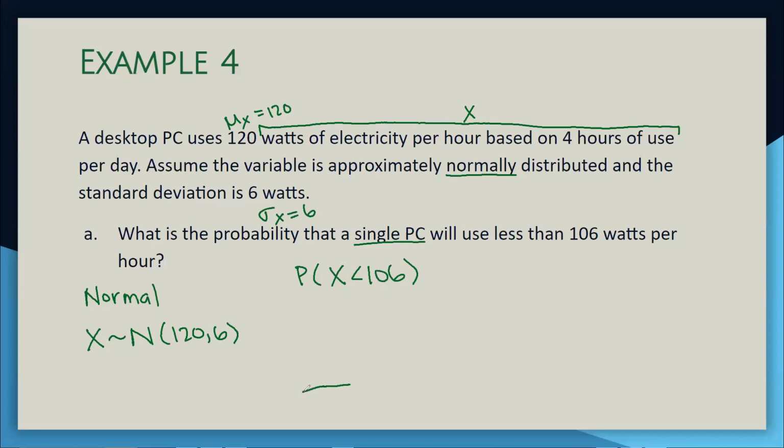So drawing our picture. We know we're looking at x values. We know our mean is at 120, and we know we're counting by sixes. So 126, 132, 138, and then 114, 108, 102.